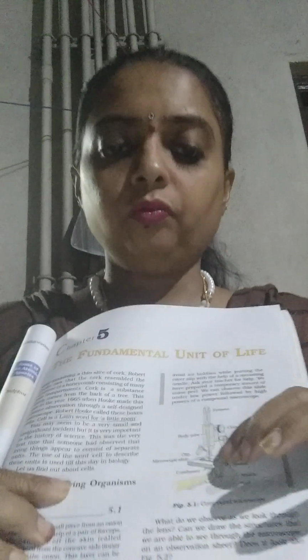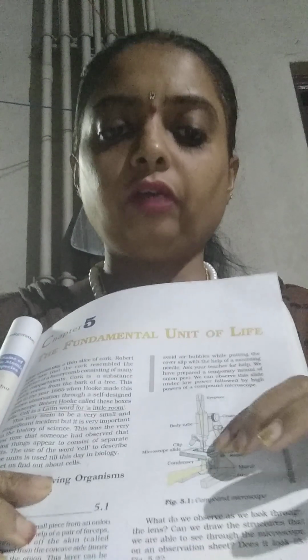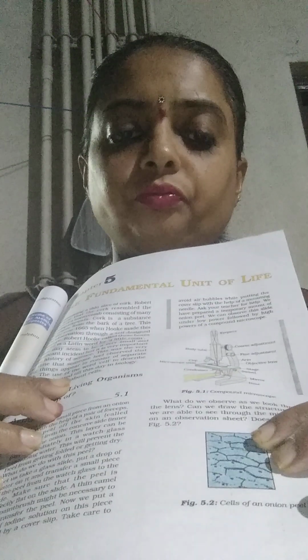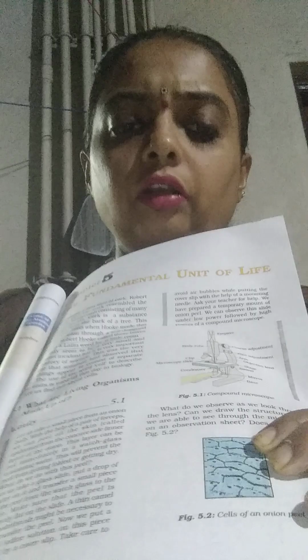In school, you must have seen a microscope. This is today's microscope, but this is not the one which Robert Hooke used to see the cells. It was more primitive. So this is the onion peel. They have cut the onion and looked under the microscope.